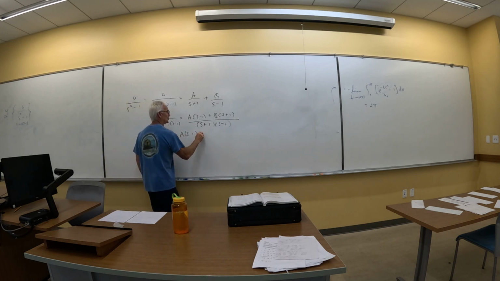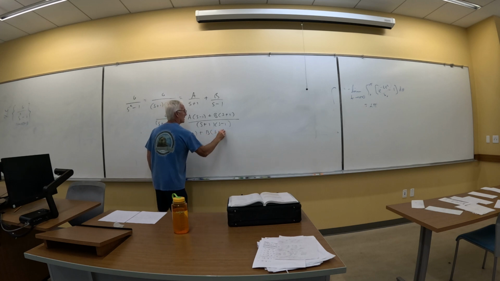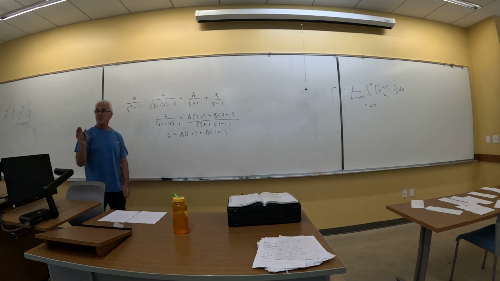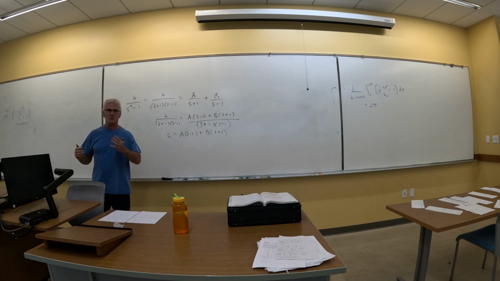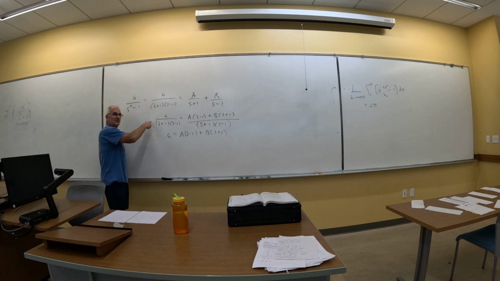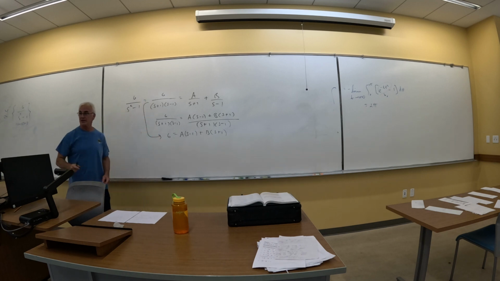So I want to remind you, could I have gone from here directly to here? Yes. A lot of folks have a problem with that because they're saying, wait a minute, you can't just get rid of those denominators. What about removable discontinuities and things like that? You'd be right to a point, except that really this is the in-between step, and now I'm equating numerators. So I'd rather just go directly to here because that is the next thing that I'm going to do anyway.